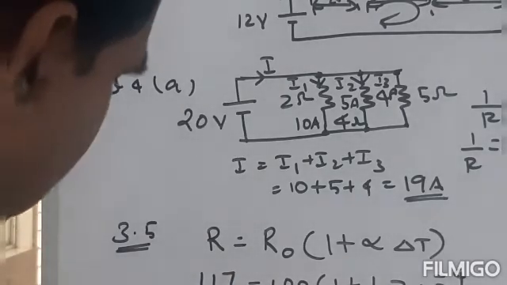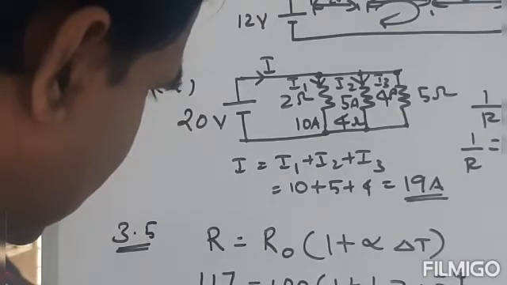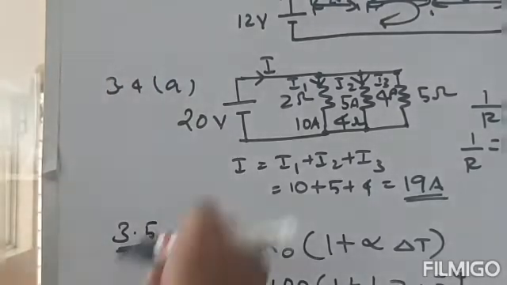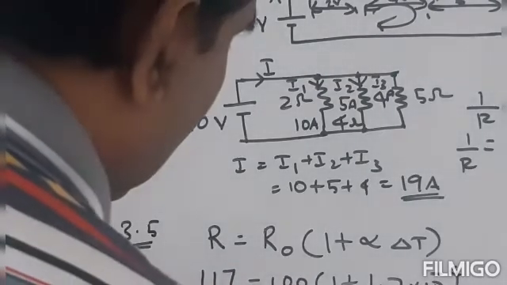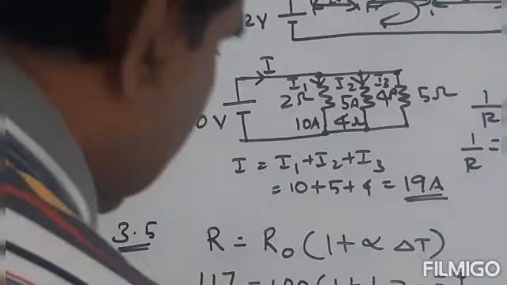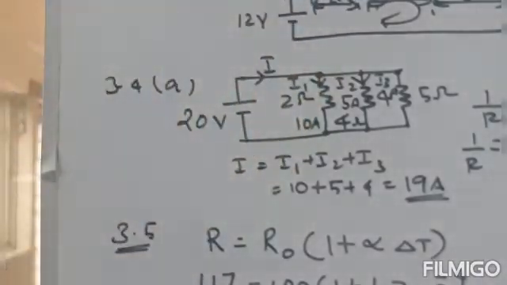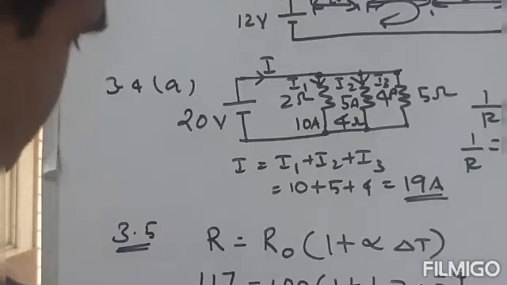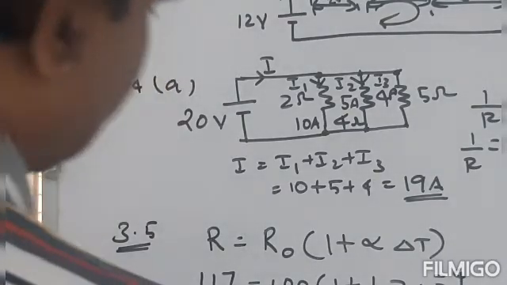So when it comes here, 17 by 1.7 into 10 power minus 2 will give you 1000. So delta T is 1000. But what is T naught? T naught is 27 degrees Celsius. So T minus 27 is 1000 degrees. So T is equal to 1027 degrees Celsius.